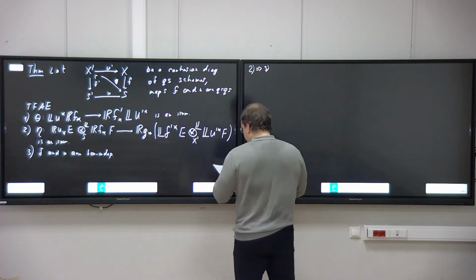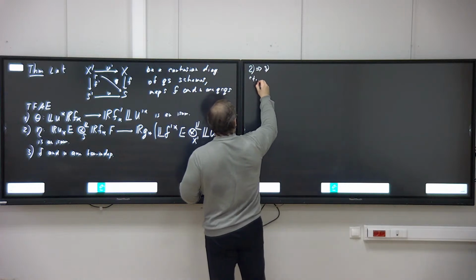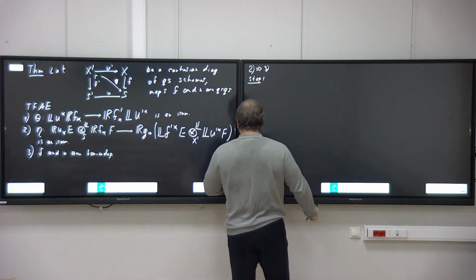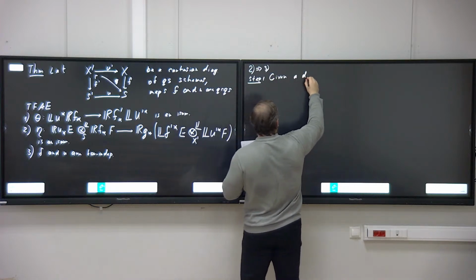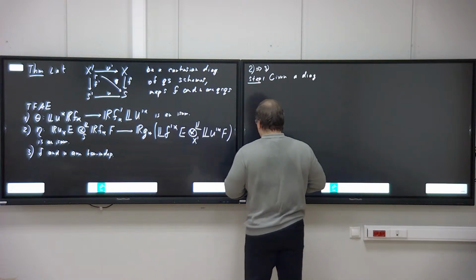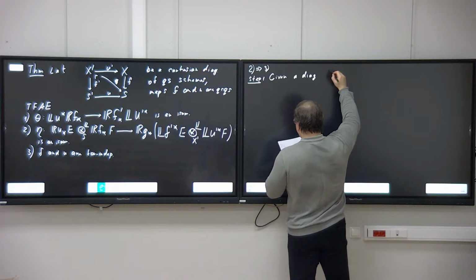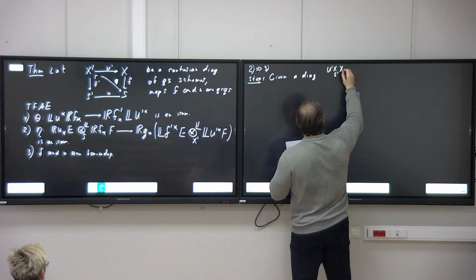I separate this into 3 steps. And the first step I want to leave as an exercise, this kind of tedious check of some diagram lemma. So in this step 1, I said that given a diagram, which is kind of the composition of two pullbacks, u prime over s prime, x prime.